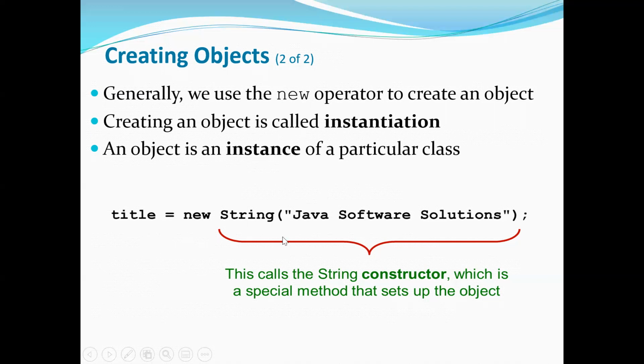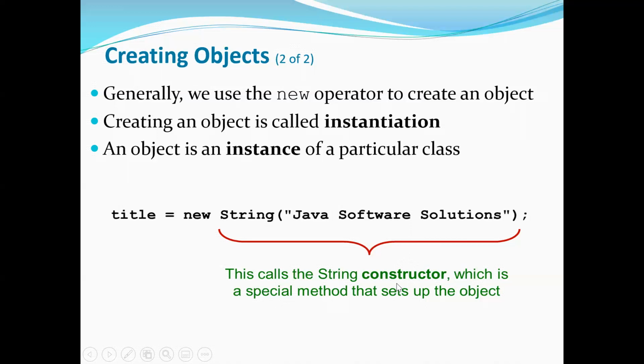So this is the syntax in Java to create an object. Here we can see that we are using the keyword new. That is the main key here. Then we have the class name and then the argument, and normally we call this the constructor. So this calls the String constructor.